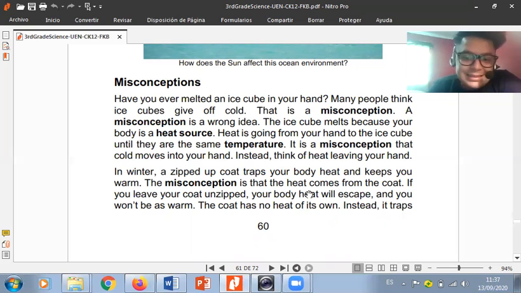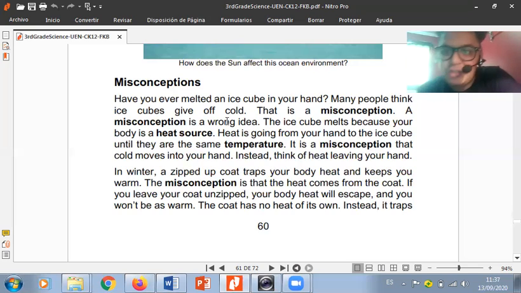The coat has no heat of its own, instead it traps heat. So when we are in winter, you need to keep your body covered with a coat, okay? And this coat will help your body to stay warm. But what should happen if you don't use the zipper?